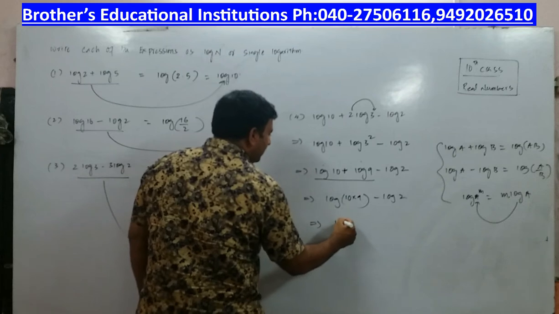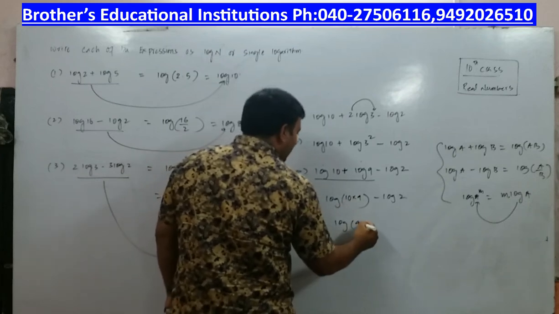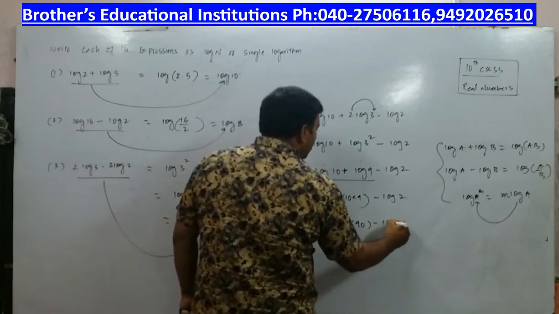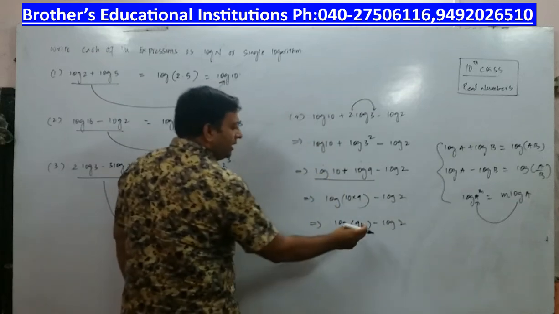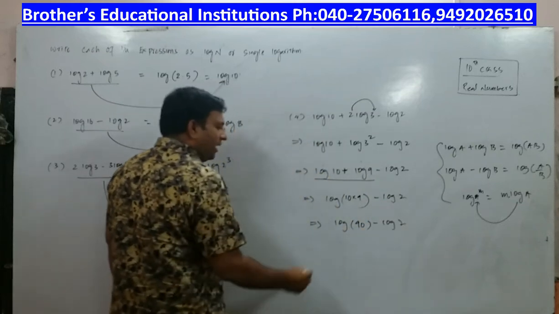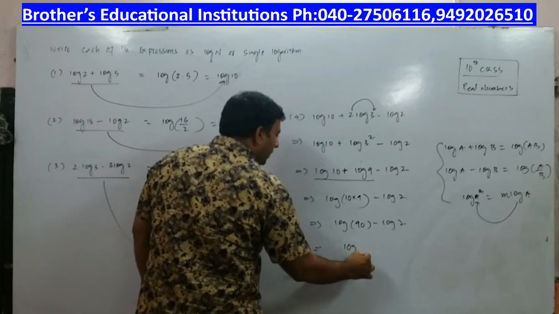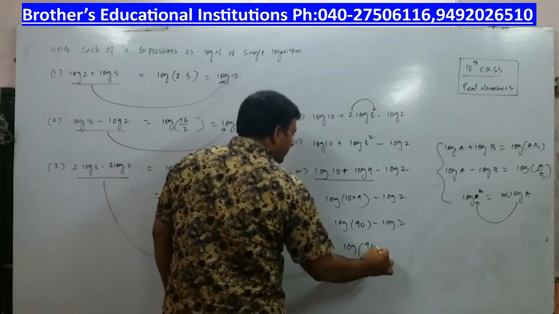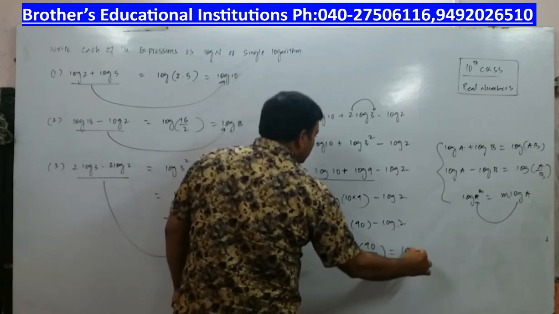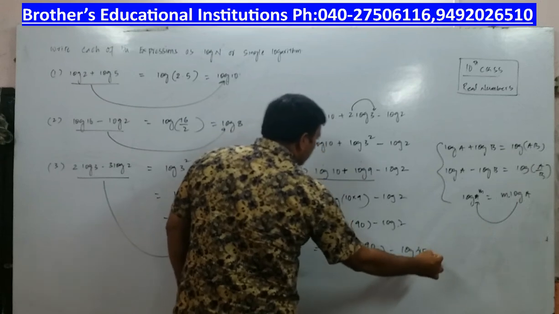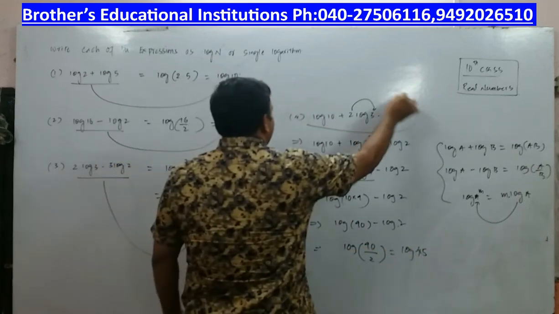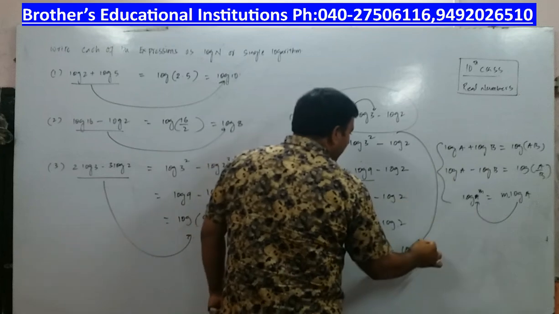Now again I can rewrite this: what is log 10 into 9? 90, minus log 2. Now once again children, it is log A minus log B. What is log A minus log B? Log of A by B, that is 90 by 2. And what is 90 by 2? 45.